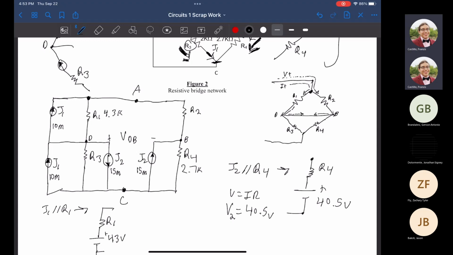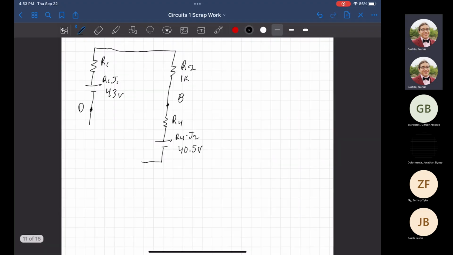So we know from previous work that current sources in parallel simply means this is I1, I2. What we're saying is I1 is summed with I2, and that is the current sources in parallel.